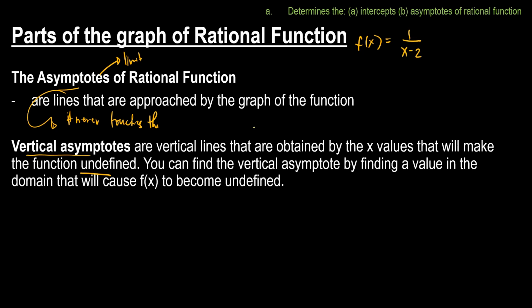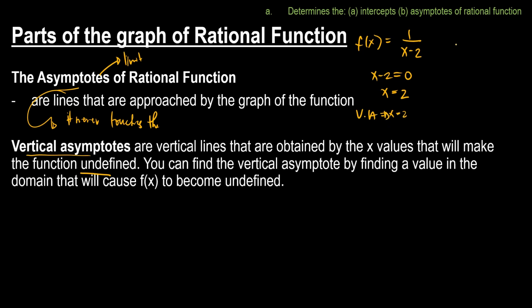To get the vertical asymptote, as said in the definition, you equate the denominator to 0. Since the denominator is x minus 2, we equate it to 0, so we have x is equal to 2. Therefore, our vertical asymptote is x is equal to 2.